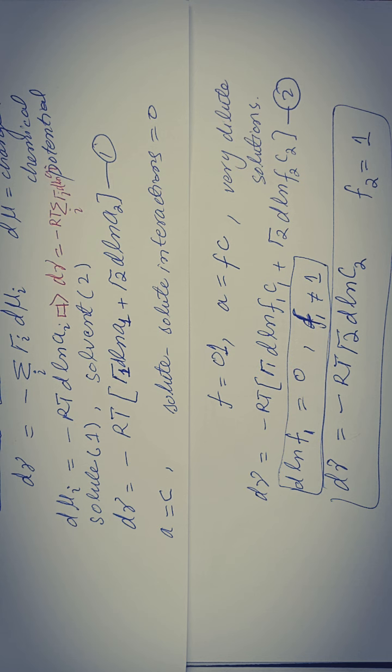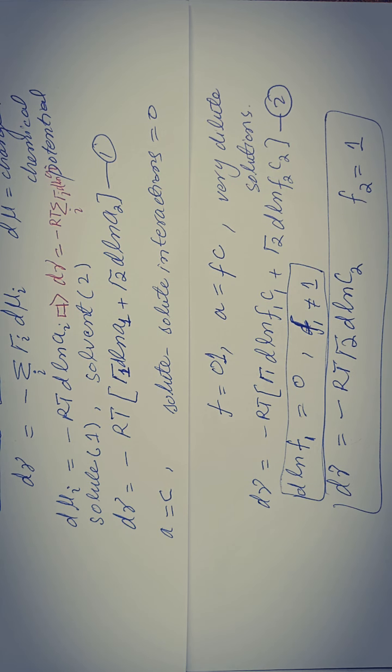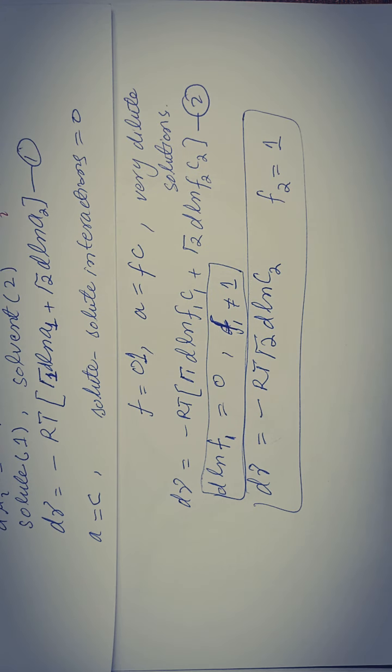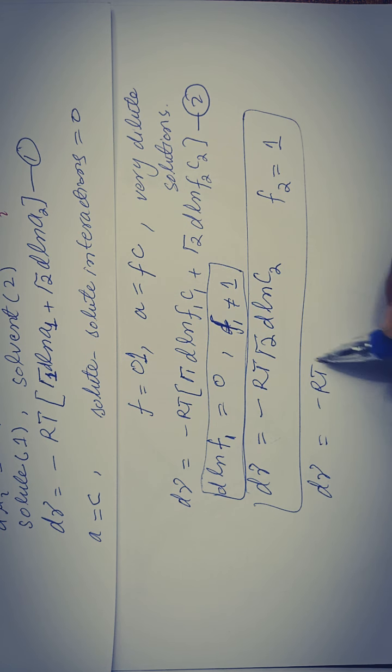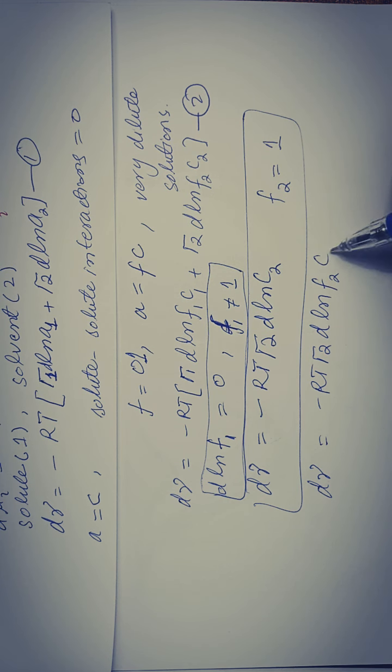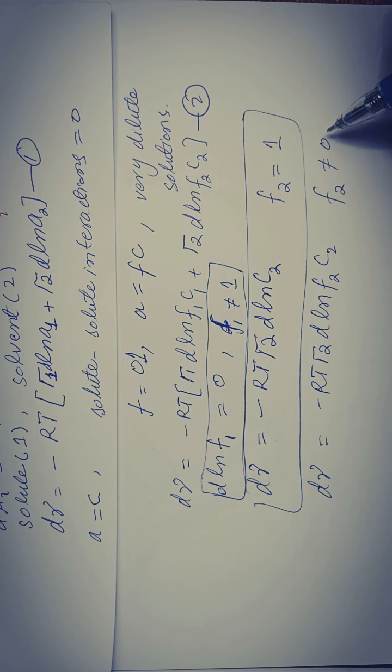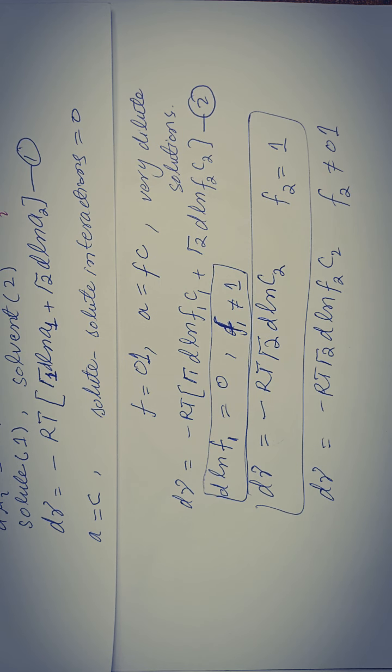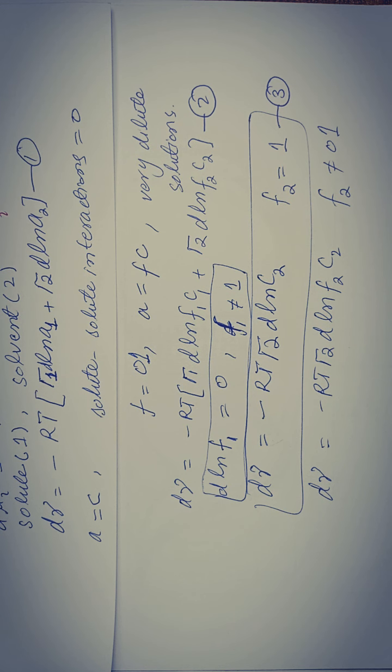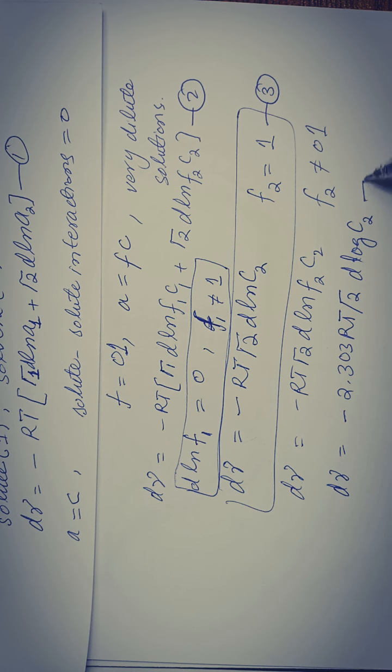But in some cases, when ionic interactions are present, the equation minus RT gamma 2 d log natural f2 c2 will be used. So here we can rewrite equation number 3 in terms of log as equation number 4.